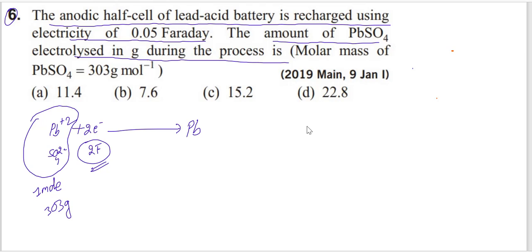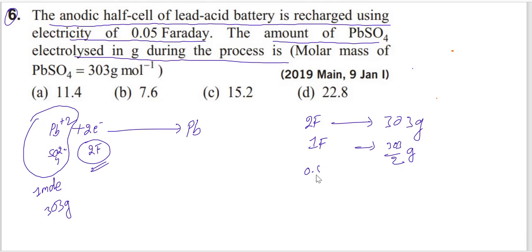Okay, just cross multiplication type. For 2 farads, 303 gram of lead sulfate will be electrolyzed. So for 1 farad, how much? 303 by 2 grams will be electrolyzed.